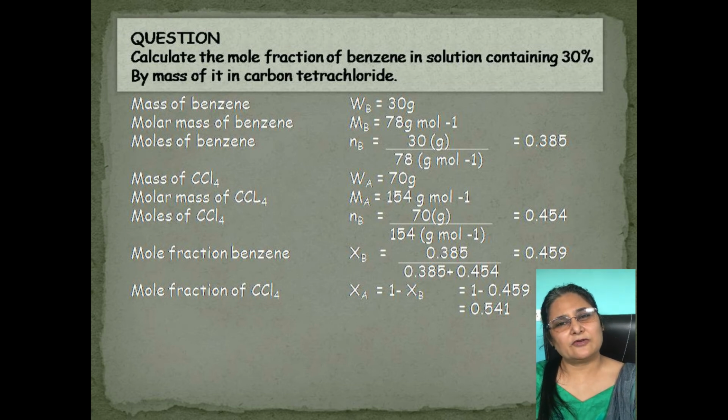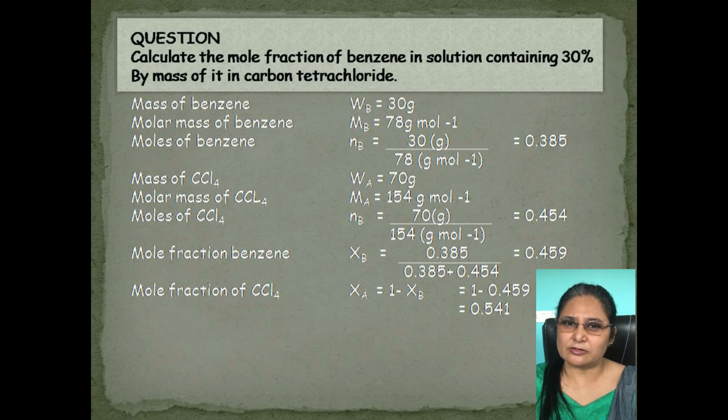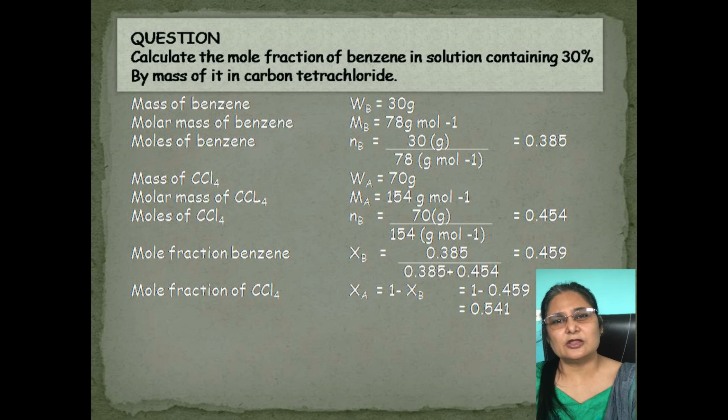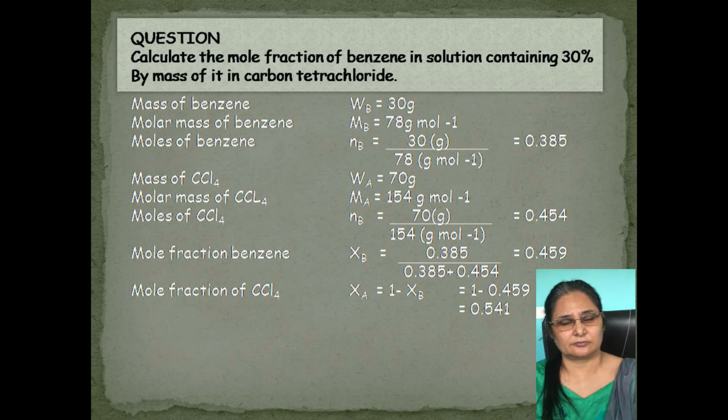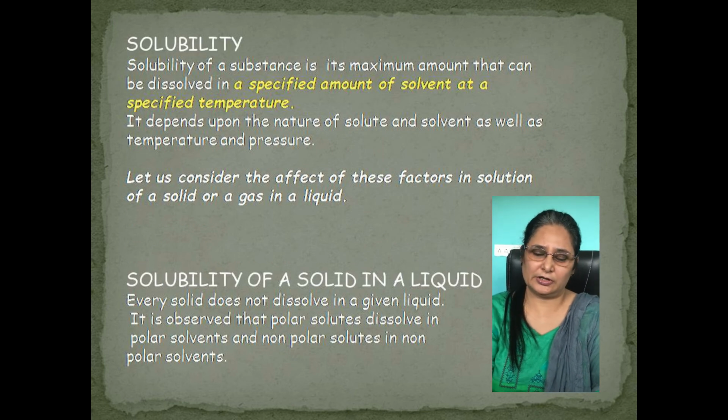Now we have to start the next topic, solubility. We will discuss solubility of solids in liquids, solubility of different types of solids in different liquids, then solubility of gases in liquids. One by one we will discuss these terms. Now what is solubility?